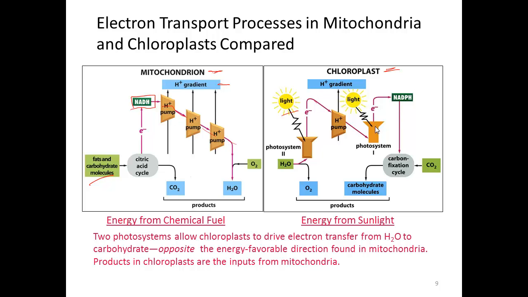Then we have a second photon, which promotes an electron again to a higher level, and that creates the molecule NADPH, which, as we saw, played a critical role along with ATP molecules and carbon dioxide in the carbon fixation cycle, producing carbohydrate molecules. And again, oxygen is the byproduct of the water splitting reaction, the ultimate source of the electrons, which are being energetically promoted.